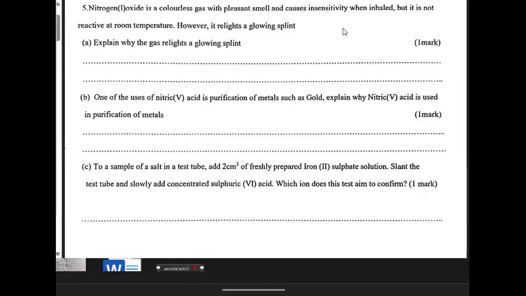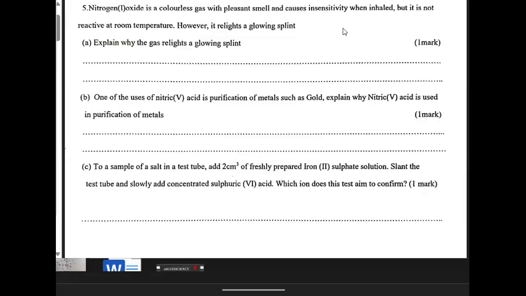That question on purification is all about the ability of the acid to react with the impurity. So what is the impurity here? The impurity can be an oxide. The metal has been coated with an oxide, and the acid reacts with the oxide to form a solution.